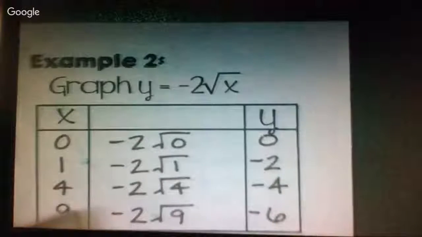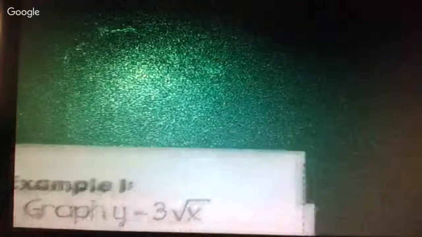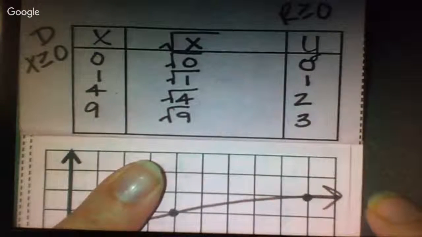Oh, that was on the X side. Here was your original. Okay. We want our Y's to be the same because our X's are going to change, because my -3 is on the inside, so it's going to move it left or right. So my X's are what's going to change.